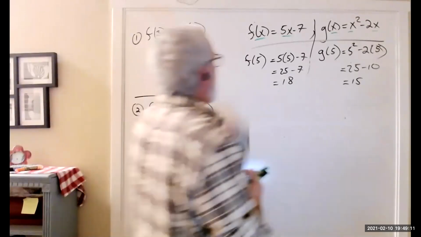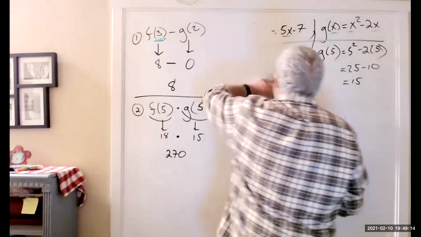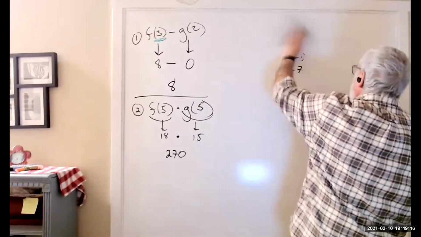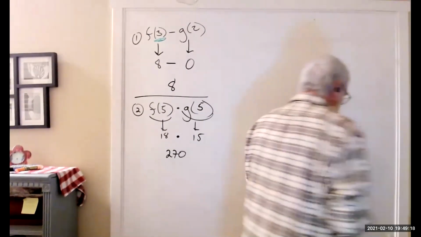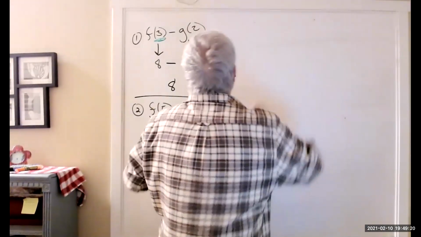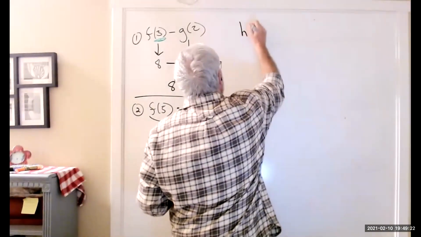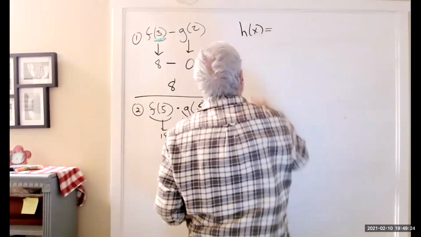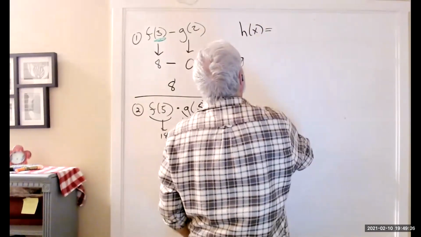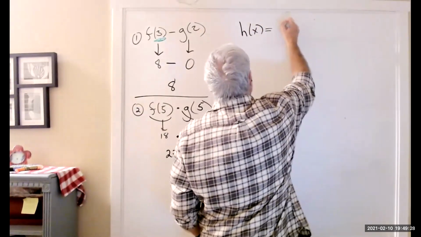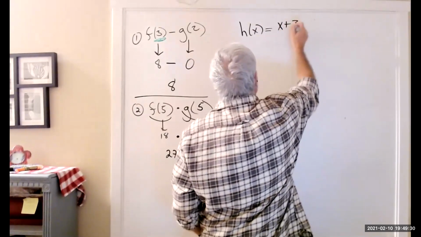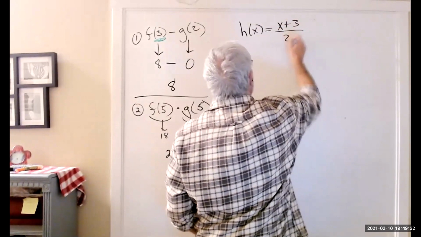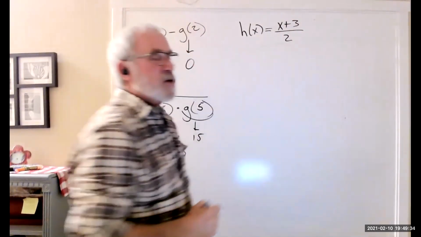But let's make up whole new functions, totally new ones. Let's make up an H function, H of X. Let's say it's X plus 3 divided by 2. That's the H function.